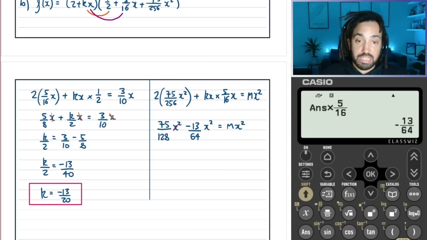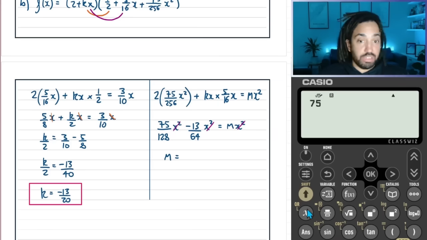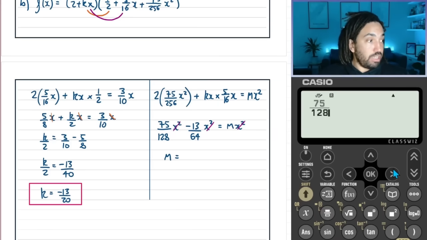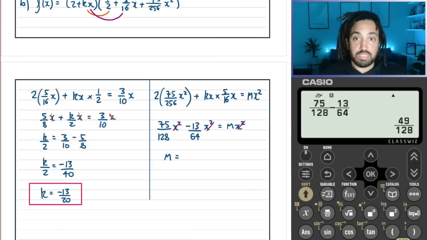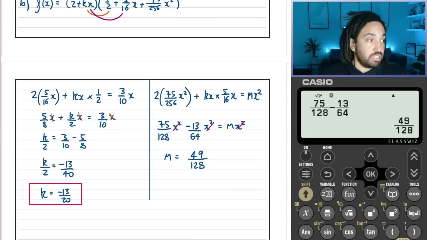Once again, we can now cancel out our x squareds. So we can find what m is just by doing 75 over 128 and then minus 13 over 64. Okay, great. So we get 49 over 128.